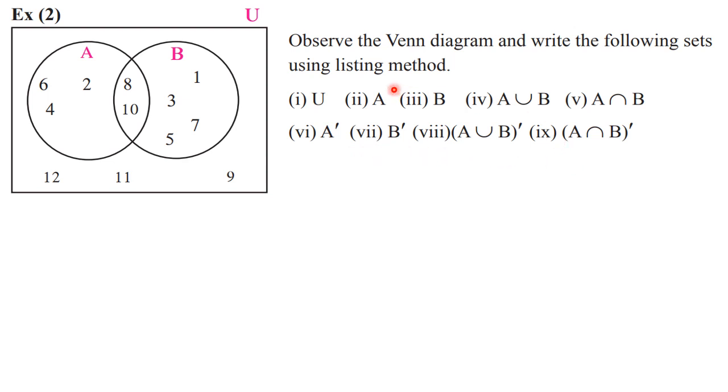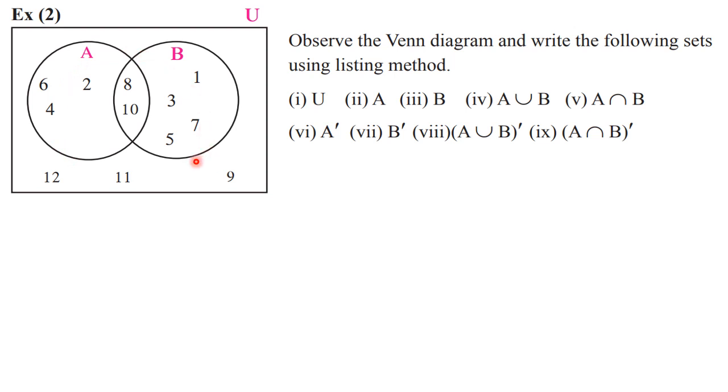Okay, so what is the question? Observe the Venn diagram and write the following sets using listing method. So first of all, you have to write down the set U, universal set, means all the elements that you can see here.